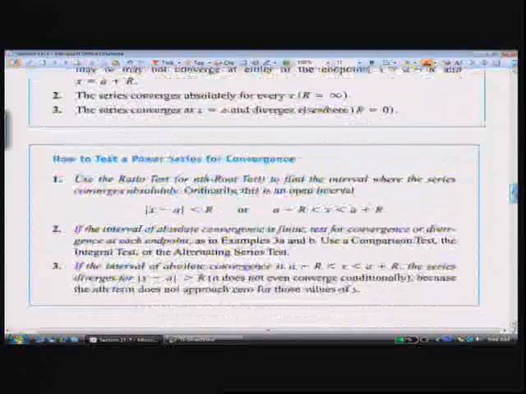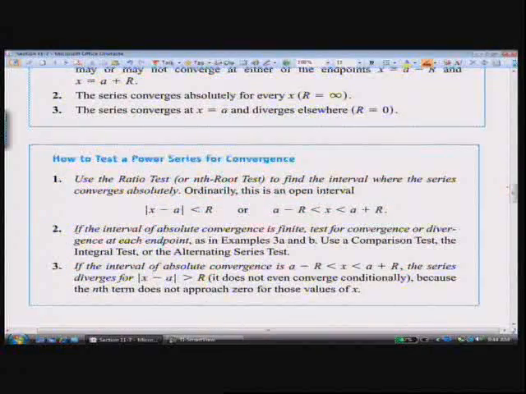Okay, and so your rules on how to test a power series for convergence: in the examples that I did, we used the ratio test or the nth root test to find the interval where the series converges absolutely. And that is some open interval. If the interval of convergence is finite, you look at the endpoints, as we did, and you may have to use different tests in order to figure out whether they converge or diverge.